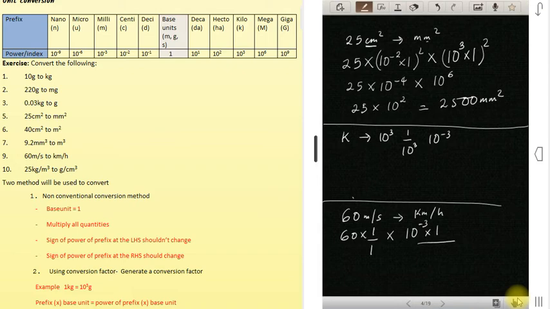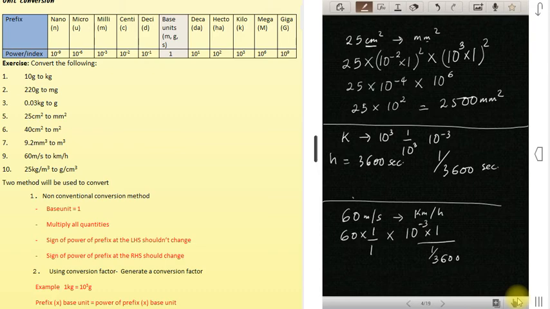Instead of replacing hour with 3600 seconds, I'm going to be replacing it with 1 over 3600 seconds. Since I'm replacing this kilo with the reciprocal of it, I will need to replace hour with a reciprocal of it also.